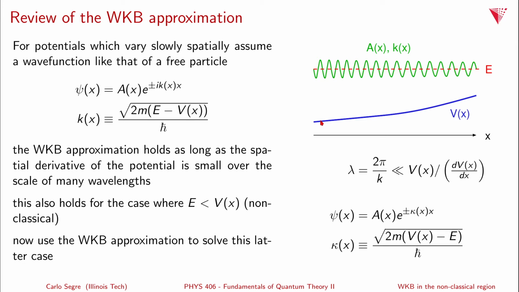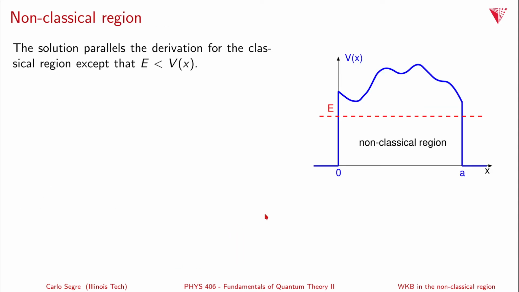But we treated only a system where we kept the particle confined to a classical region, that is the region where E is greater than V of x. Now we're going to solve the non-classical region. So in the non-classical region, the energy is less than the potential in all parts of the region.